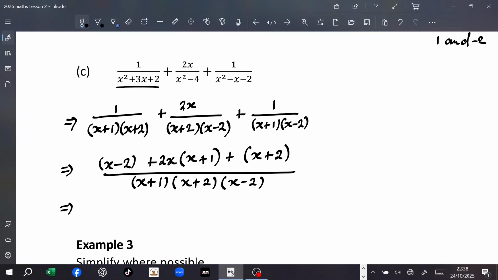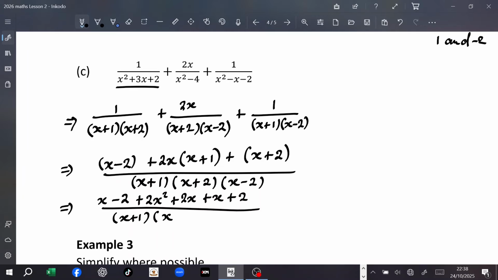So now what we are going to do, it is now to clear the brackets. This one will actually be x minus 2. Then this one, 2x times x, it will be like plus 2x squared. Then 2x times 1, it will be plus 2x. Then here we'll clear the brackets, it will just be plus x plus 2. Then over what is down here, which is x plus 1, then x plus 2, then x minus 2.